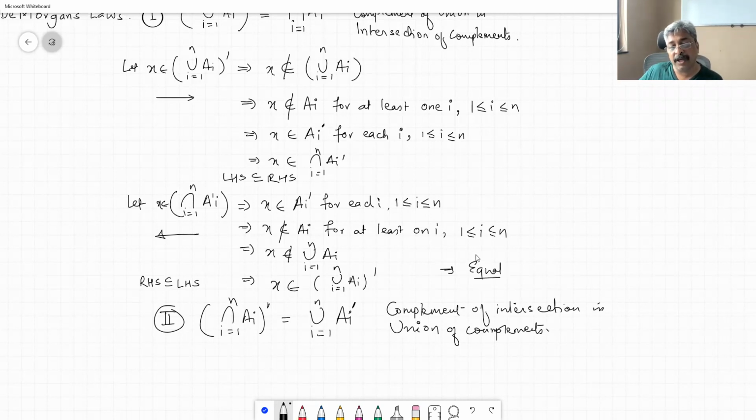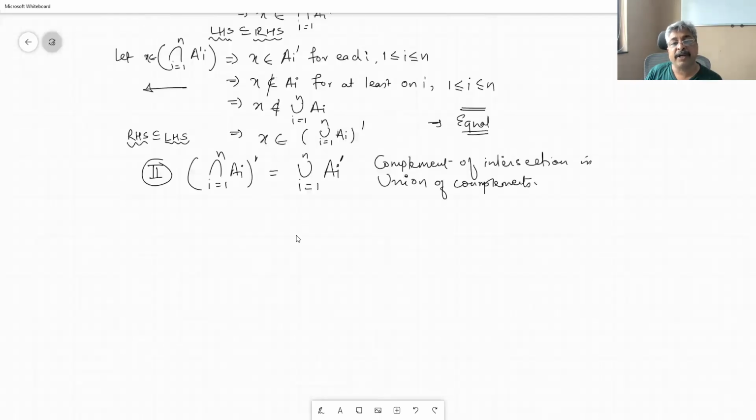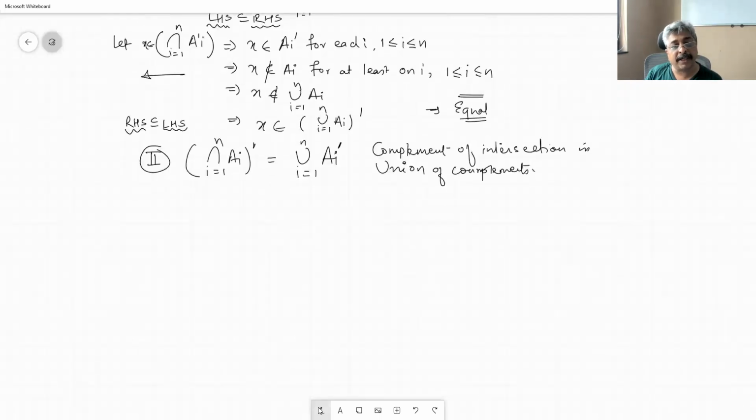Because for proving equality of two sets, we have to show LHS subset of RHS and RHS subset of LHS simultaneously. That is why we have to write separate proofs of both parts, even if they are going in exactly opposite directions, because we are showing equality of two sets. Okay, let me write and complete this.